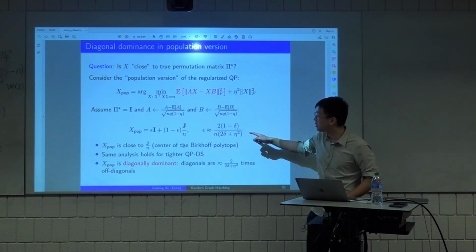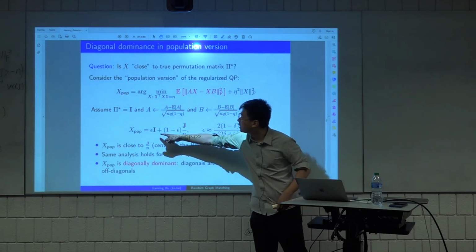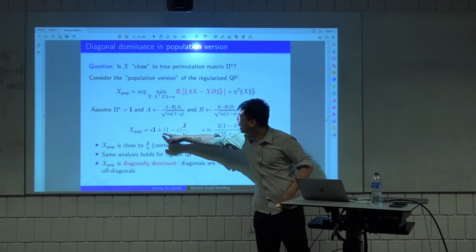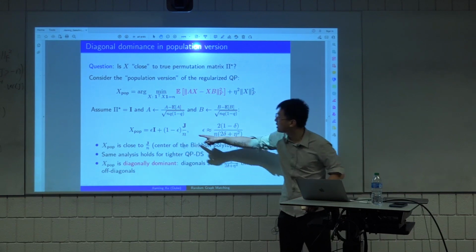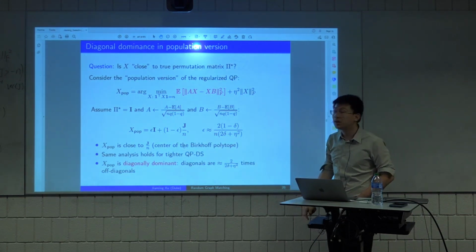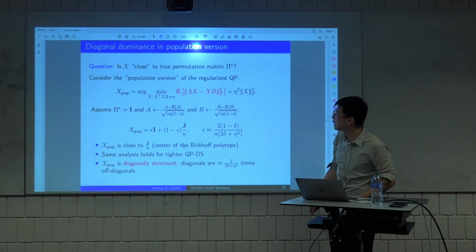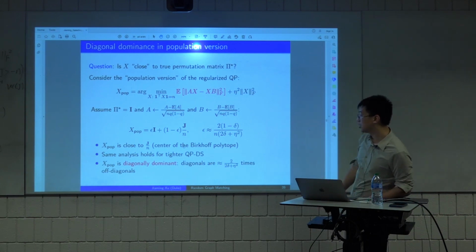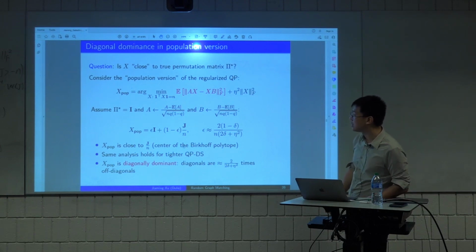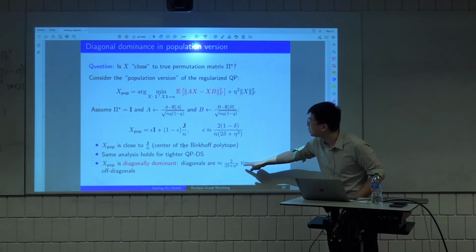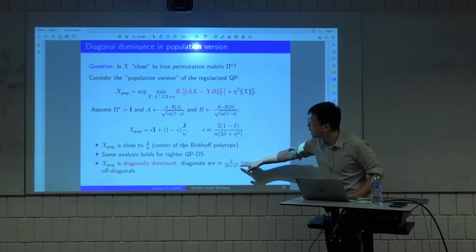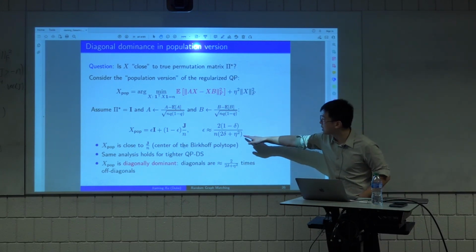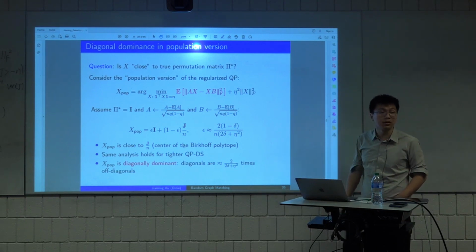Because if you look at the diagonals, it's roughly like epsilon times identity times epsilon plus 1 minus epsilon divided by m, right? So that's roughly like, okay, I want to say that the diagonals actually are still larger than the off diagonals by this factor, as long as I choose this delta and the epsilon and the eta to be small.